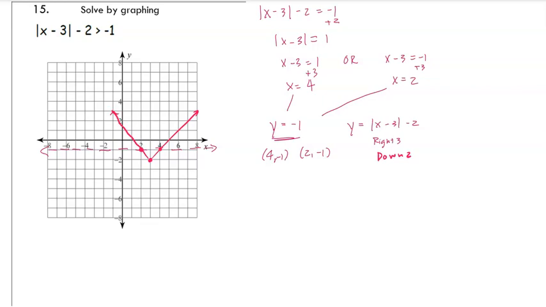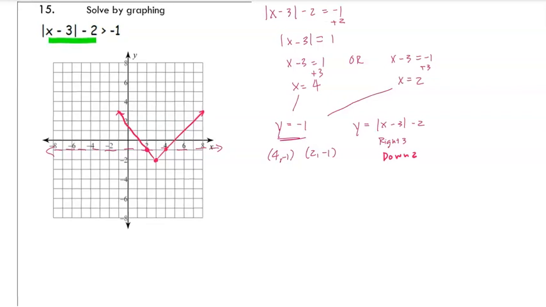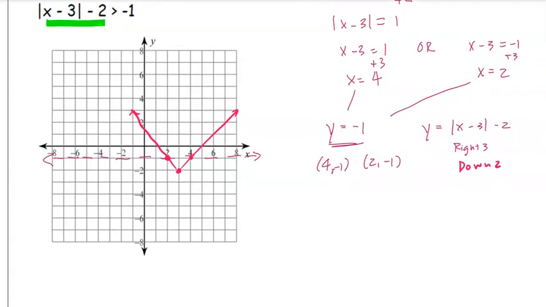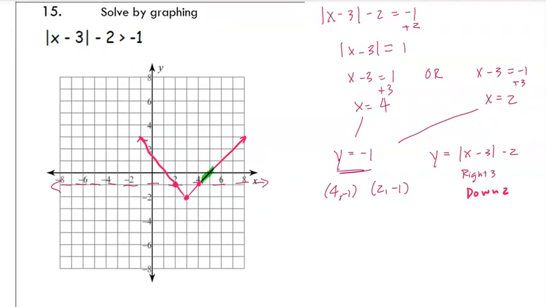Now you look to see the area where the absolute value has to be greater. It has to be greater than negative 1.